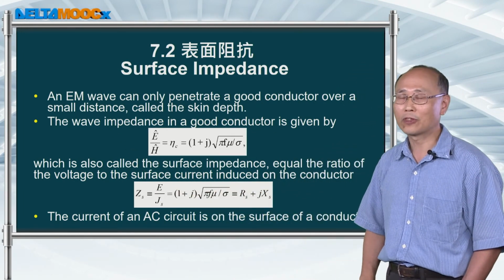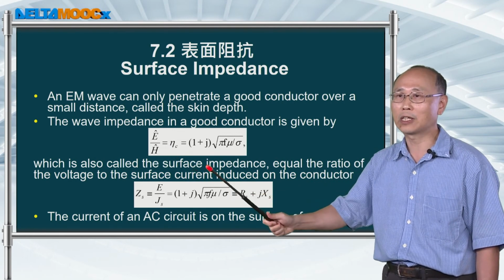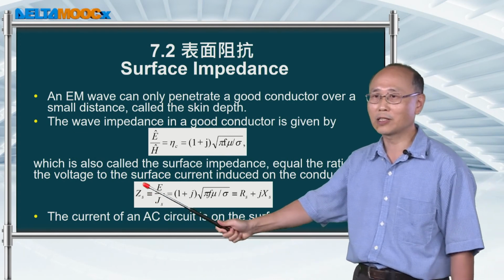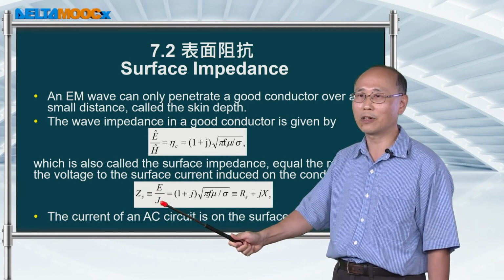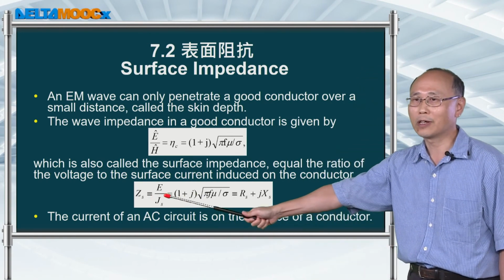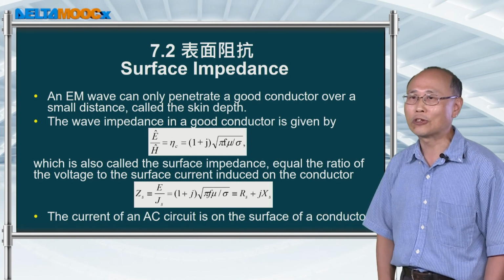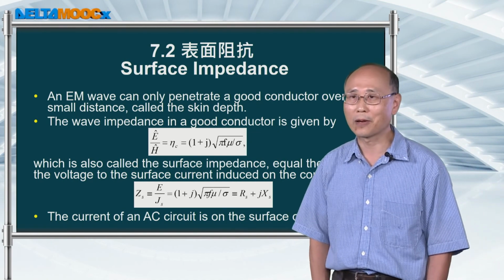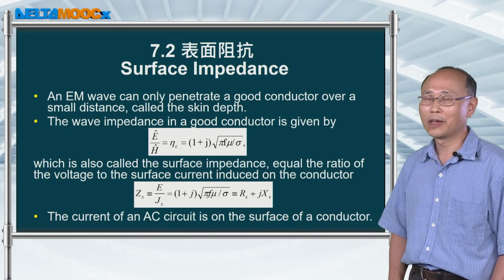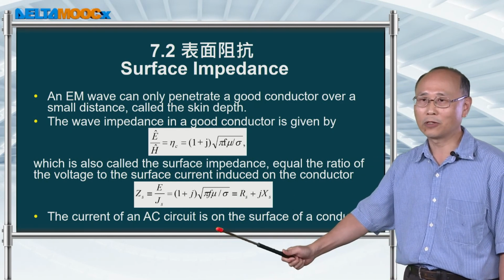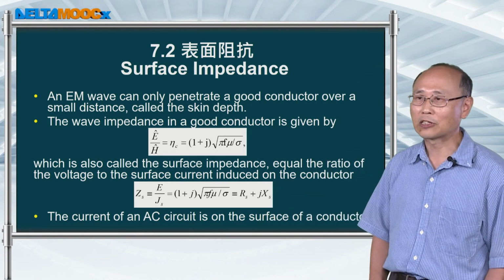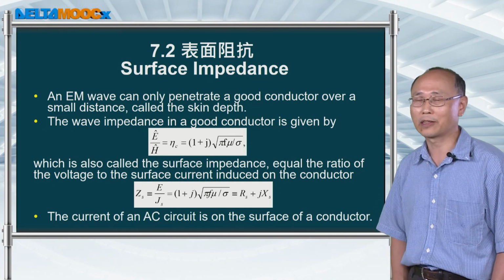The ratio of the electric field to the magnetic field is given by this expression. But when we involve the concept of voltage to current and define the surface impedance, it turns out that this ratio is also equal to the intrinsic wave impedance of the wave on the surface of the conductor. And I also explained to you that the current of an AC circuit is on the surface of the conductor, but not inside the conductor.